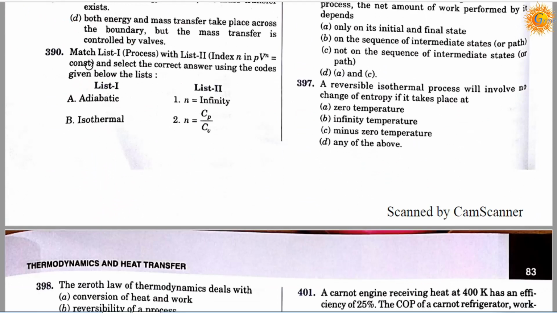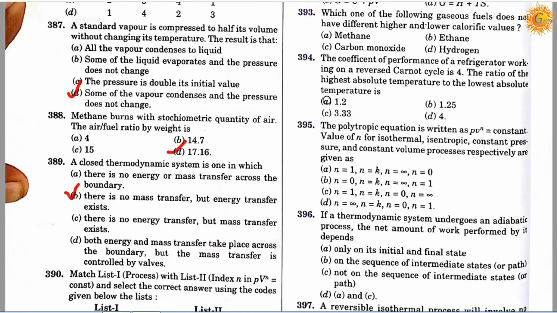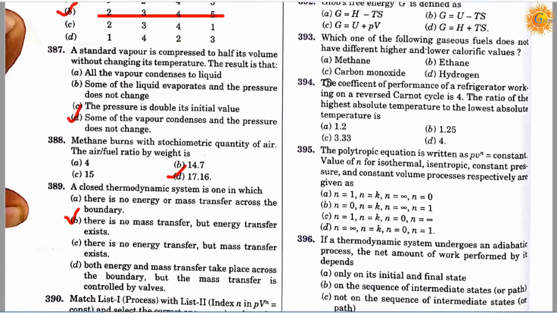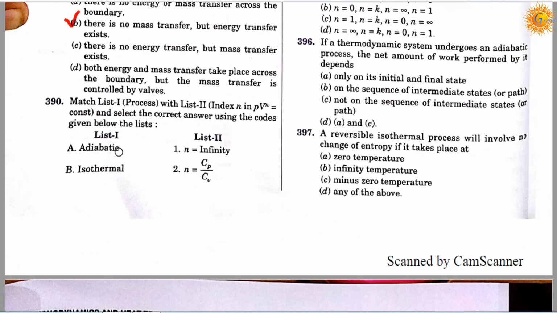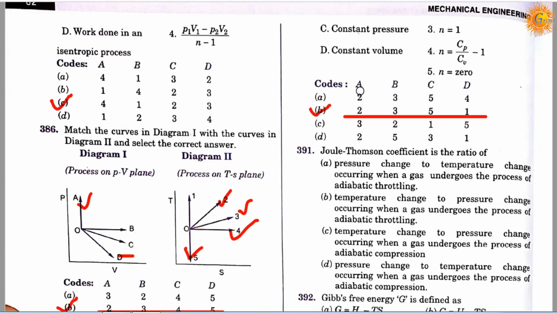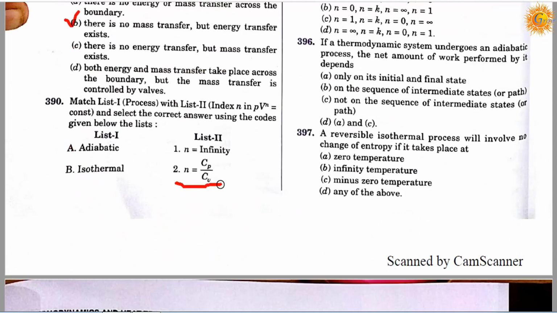Question number 390. Match the first list of processes with the second list, index n in PV^n equals constant, and select the correct answer using the codes given below. In this question the correct answer is B, and according to B, the adiabatic process matches with option 2, when n is Cp upon Cv.